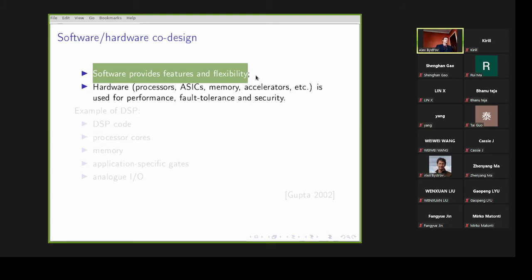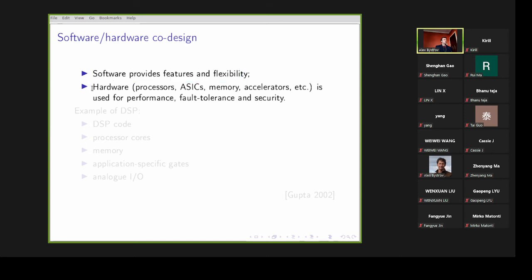Software is better for creating large arrays of data and making it flexible by changing the data recorded in the memory. Features can be easily added into the software by upgrading the software, adding a new plugin, for example, uploading an image and changing the background on the mobile phone, something like that. So software provides features and flexibility.